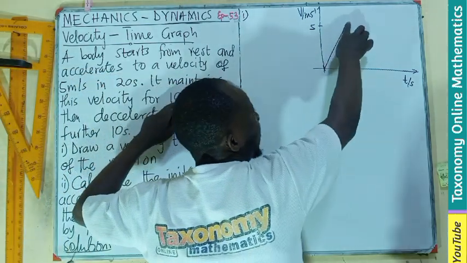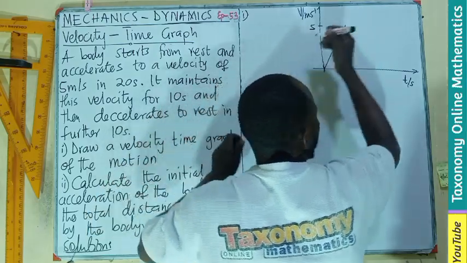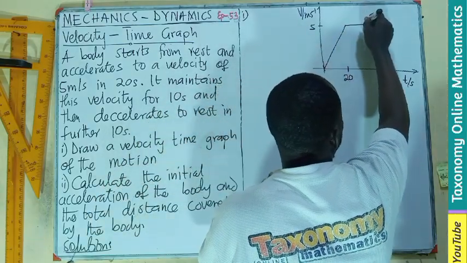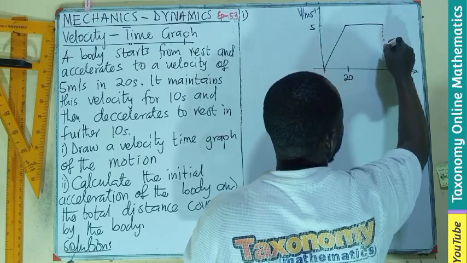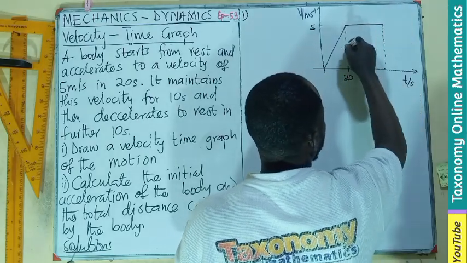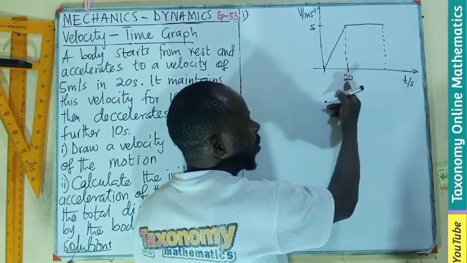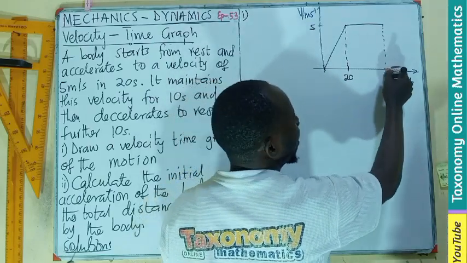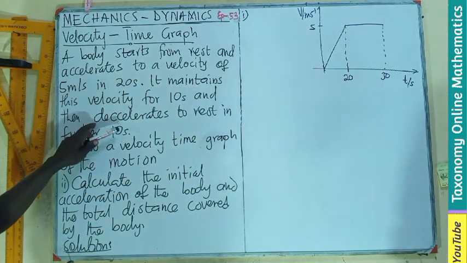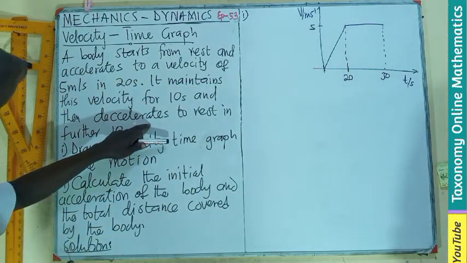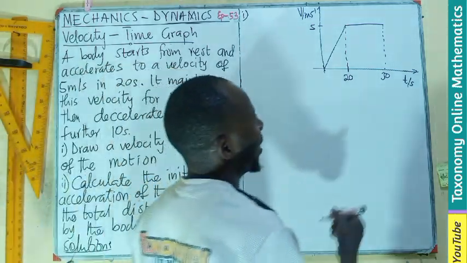It means that the velocity is neither decreasing below 5 nor increasing, but maintained for extra 10 seconds. So 10 seconds means that from here to here is 10. Added on to this, reading from 0, it becomes 30 seconds.